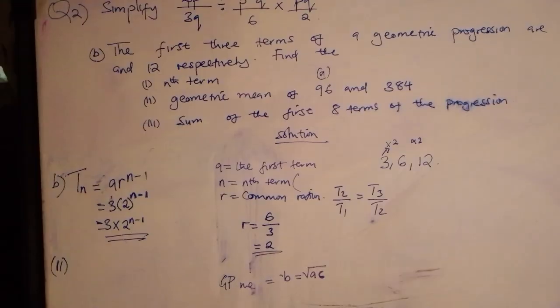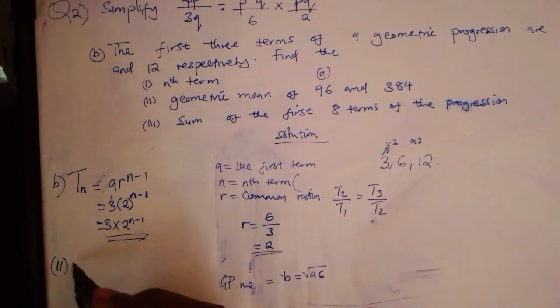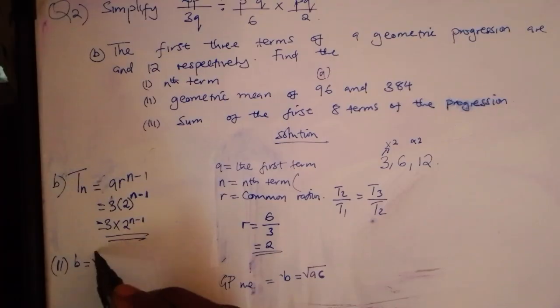Then what is c? c is just the other term which will be given in the question. Because whenever you are calculating the geometric mean, you will only be given two numbers, a and c. So now you can say b is equal to the square root of a and c.